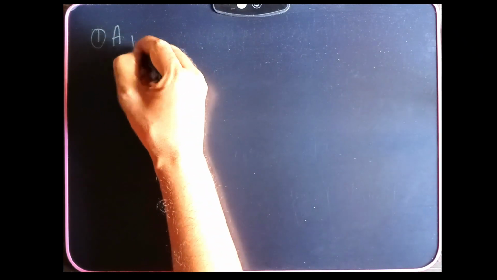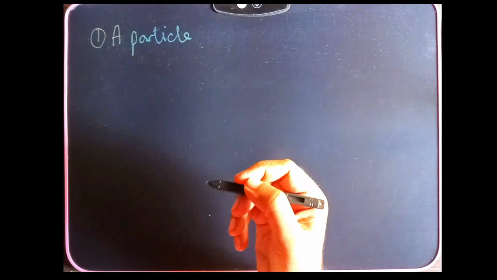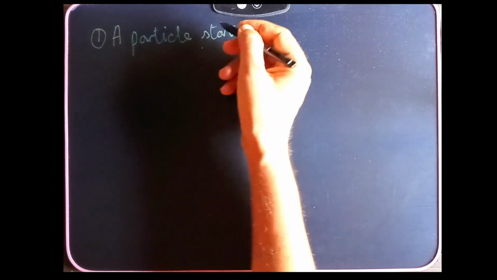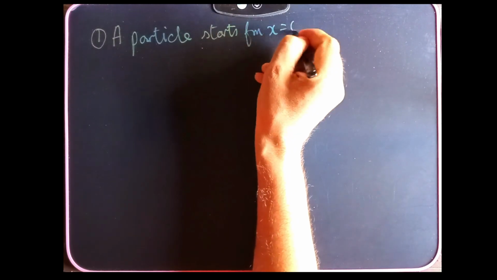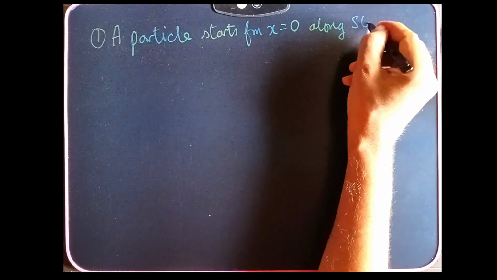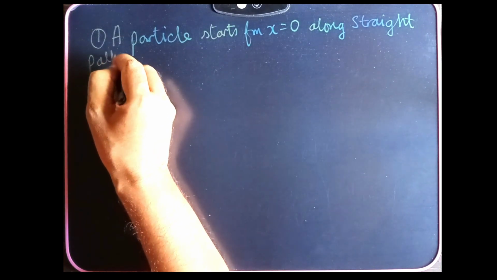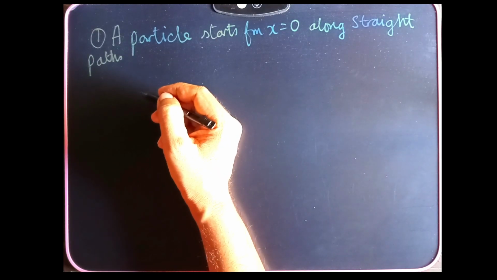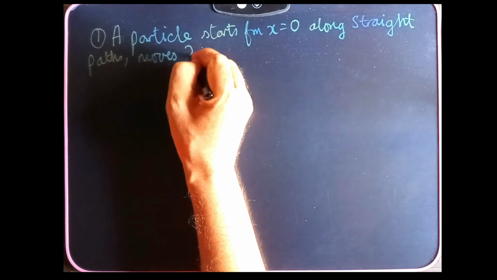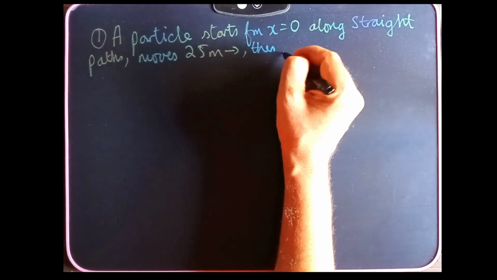It states that a particle starts from x is equal to 0 along a straight path. It moves 25 meters straight, then stops.